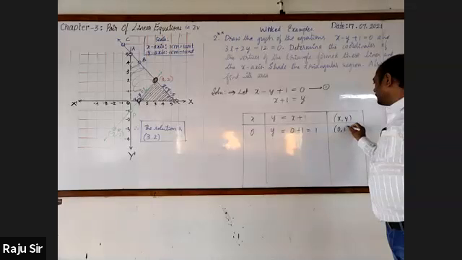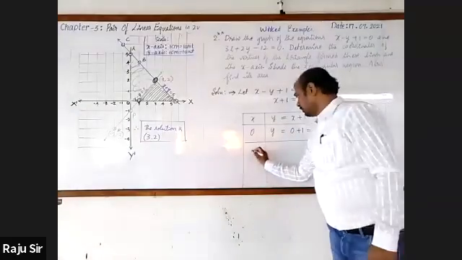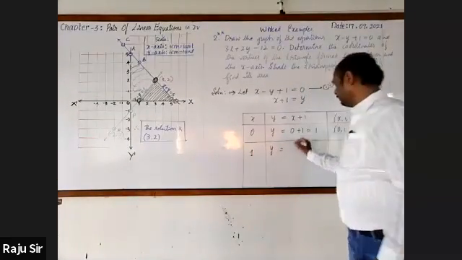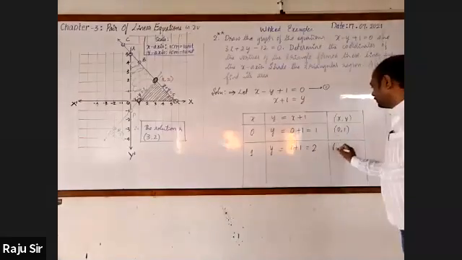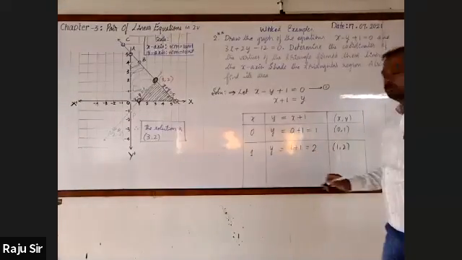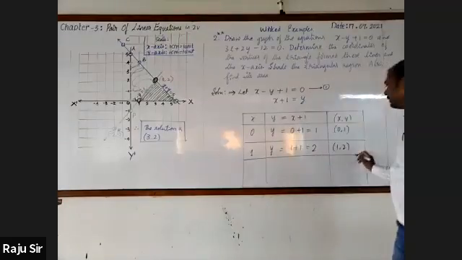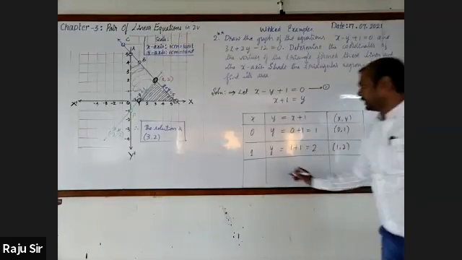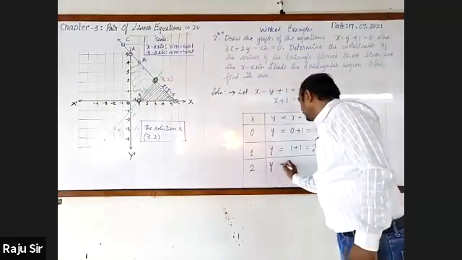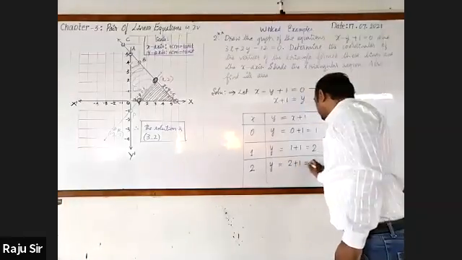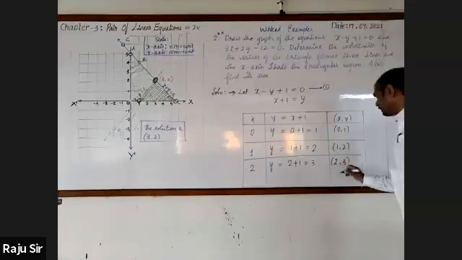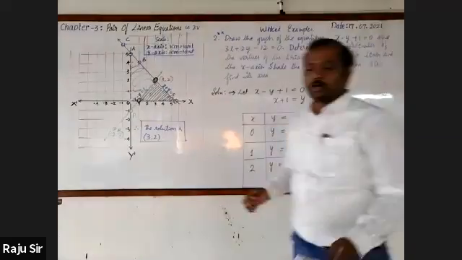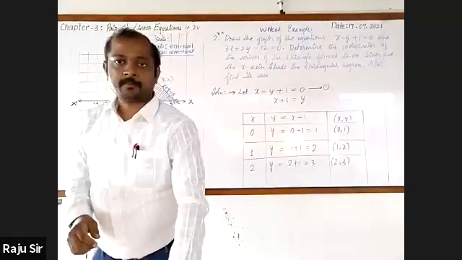When x is 1, y equal to 1 plus 1, which is equal to 2. It is 1, comma 2. Next, when x is 2, y equal to 2 plus 1, which is equal to 3. It is 2, comma 3. Hope you have got the same.